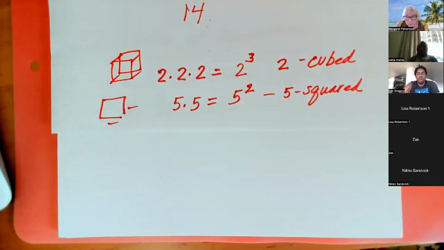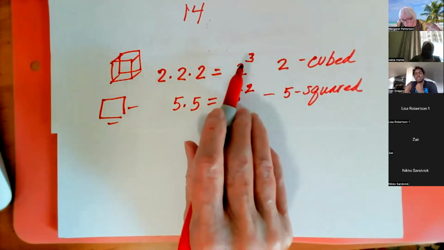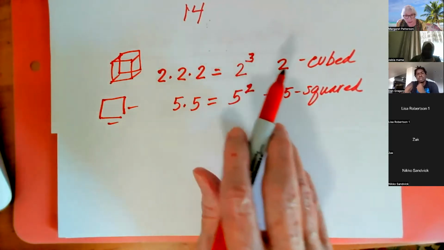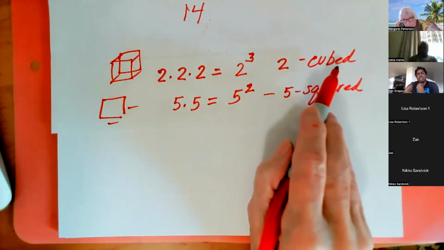What's the visual? It's a cube. And so when you raise to the third power, you can always say 2 to the third power. You can say that. But people tend to say the short version, which is 2 cubed.